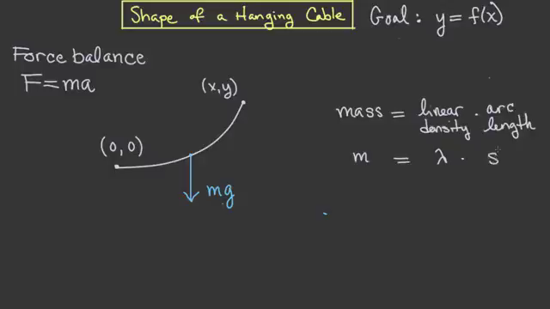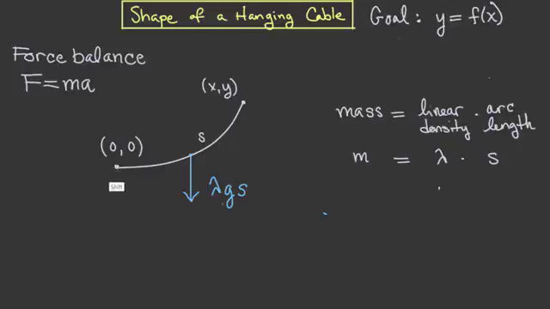I don't have a formula for S, so I've actually just introduced a new variable, but we know this new variable should somehow depend on x and y. So now I can write the magnitude of the force due to gravity as lambda g times S. If we assume that the cable is inextensible, that is, it doesn't change in length, the only other forces are tension forces that act along the cable and are tangent to the curve.